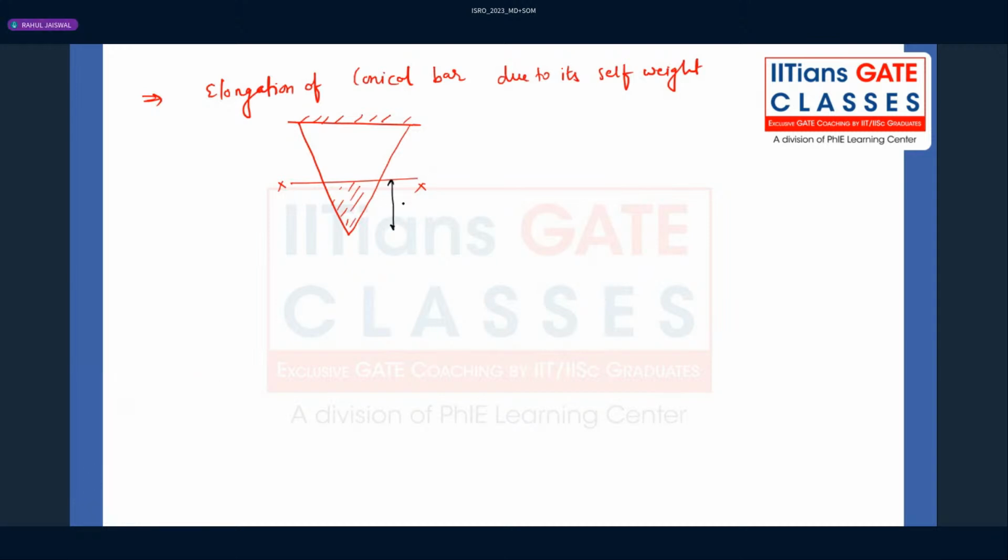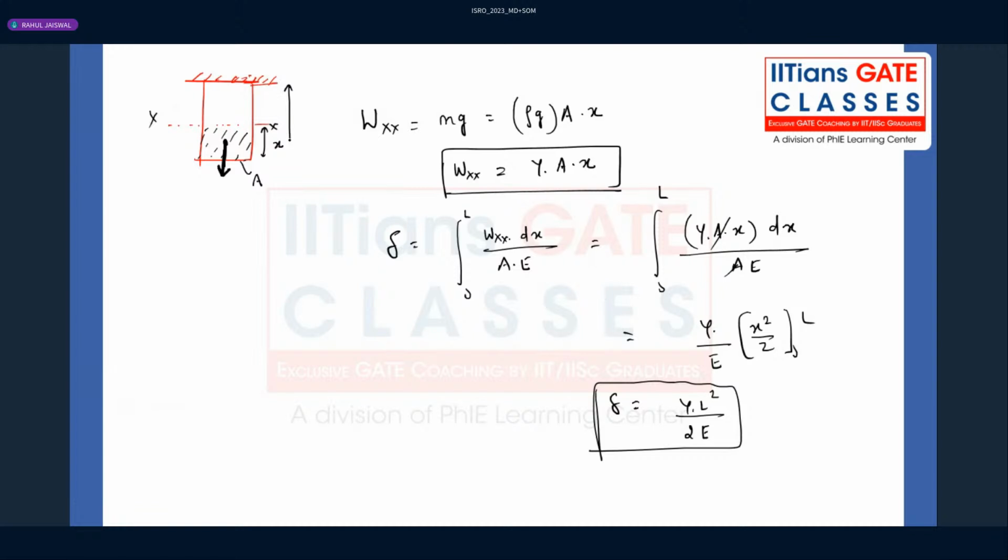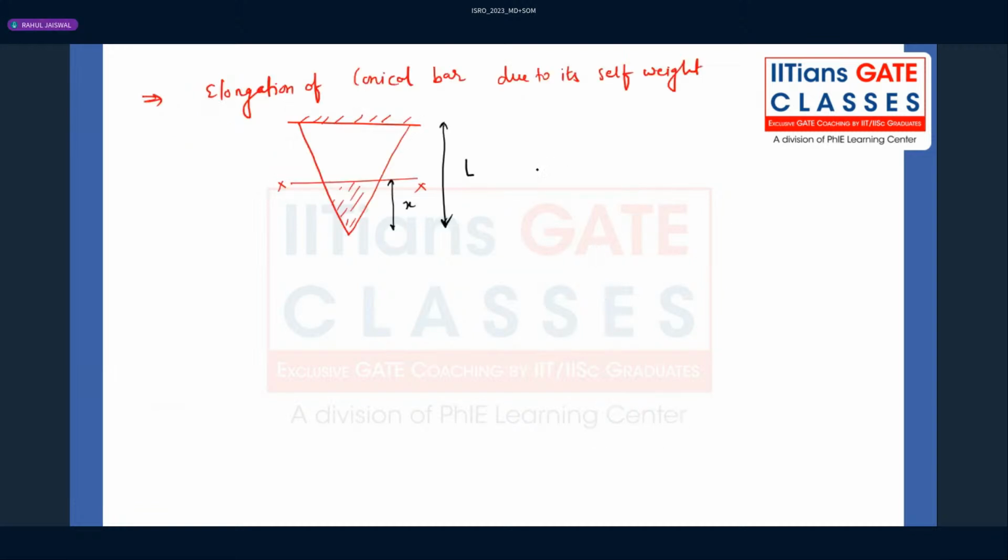And the total length here is L. Now here, what is the load which is acting? You can consider a small strip of length dx and having a diameter dxx. Here the load is varying as well as the diameter is changing.